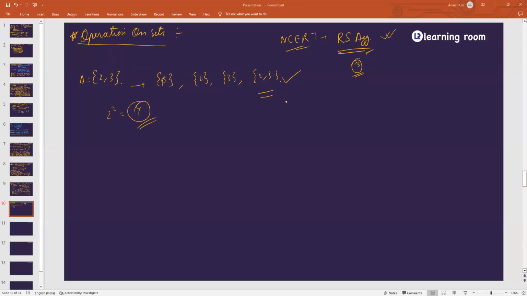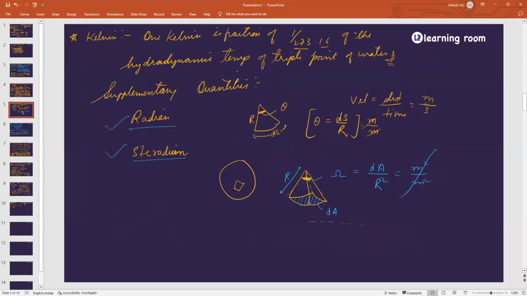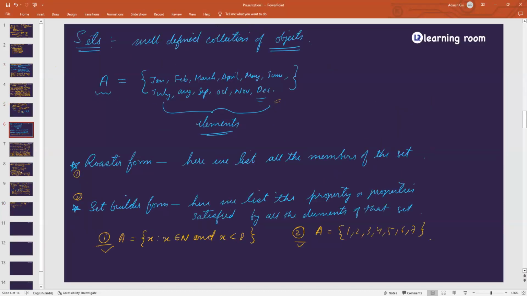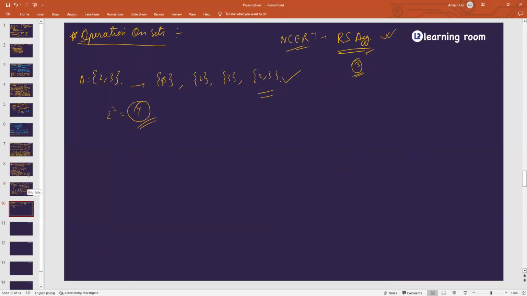Yeah, that's good. What we did in the last class: fundamental derived quantities, then supplementary quantities. We defined those units also, no?